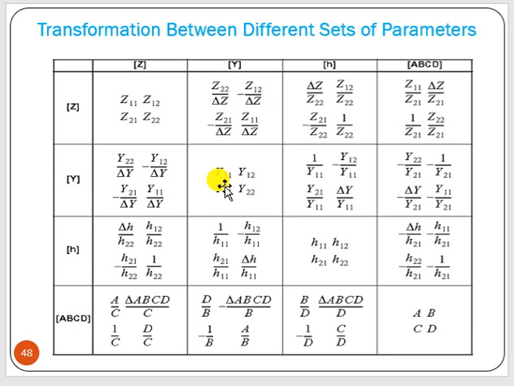Similarly Y to Z, Y to H, Y to ABCD. Like that we can do this transformation. You can practice this and do it yourself. So this is it for today, and this is all about the two-port network. Thank you so much.